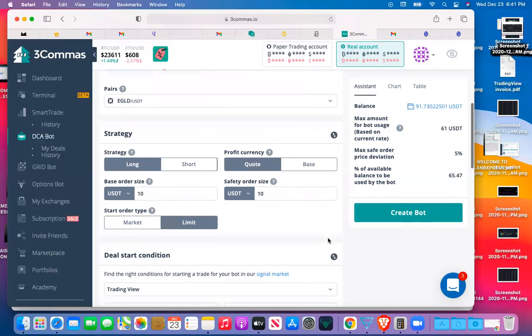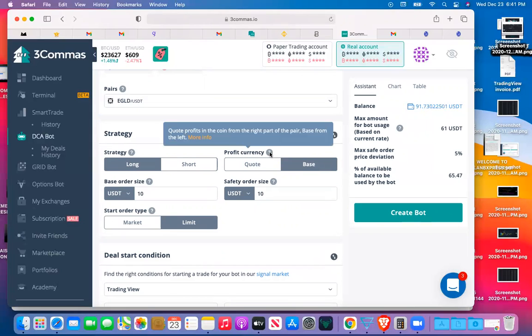So now the next is I'm going for the long strategy. Now, my profits will be taken in my quote currency. What's a quote currency and what's a base currency? Quote: profit in the coin from the right part of the pair; base: from the left.